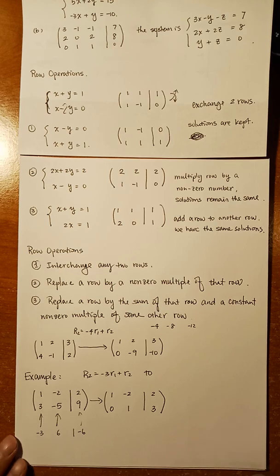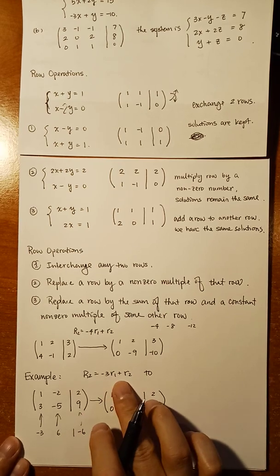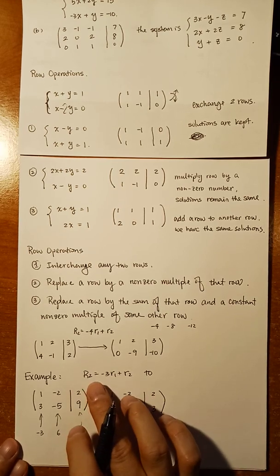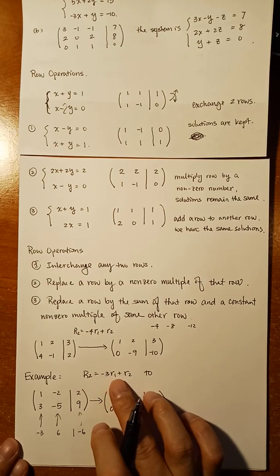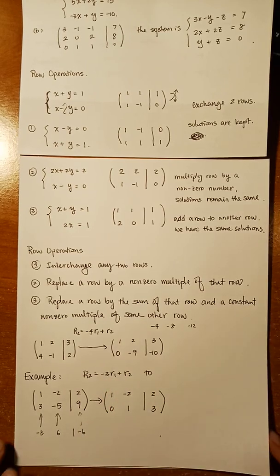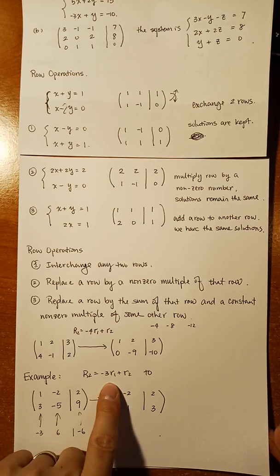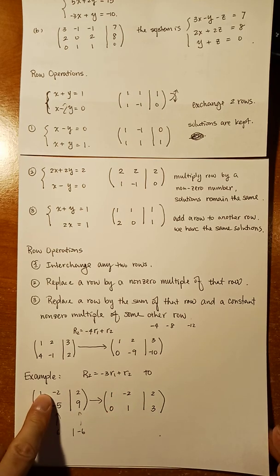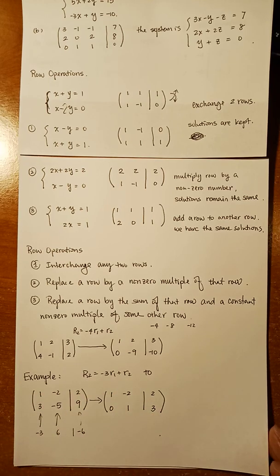This is the meaning: capital R2 equals -3 little r1 plus r2. Usually in this section, little r1, r2 means the original row, and capital R means the result row.